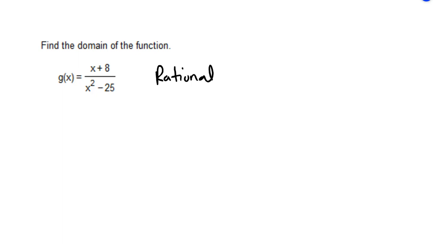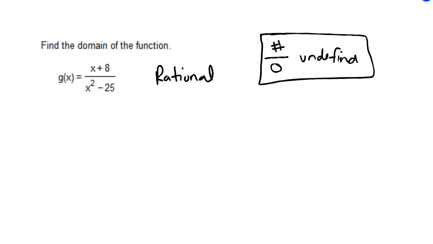Now, the significance of having a variable in the denominator is that with fractions, dividing by 0 is undefined. So if you have a number divided by 0, that is undefined. So if we have a variable in the denominator, we have the possibility of this situation occurring.